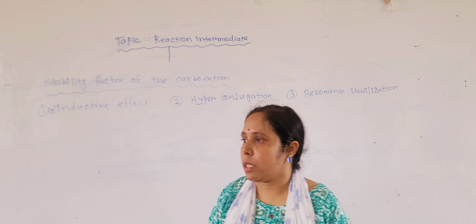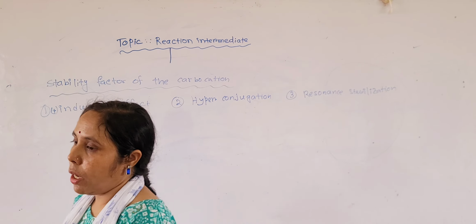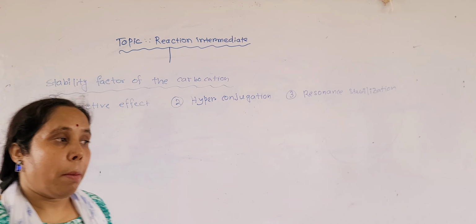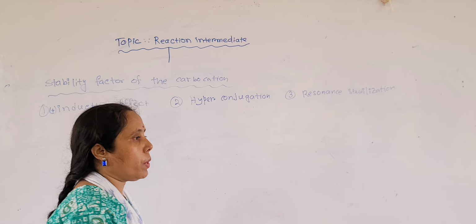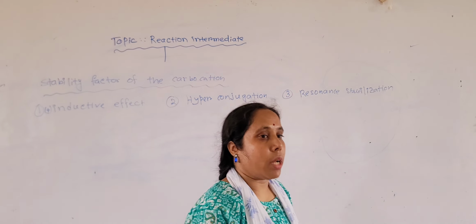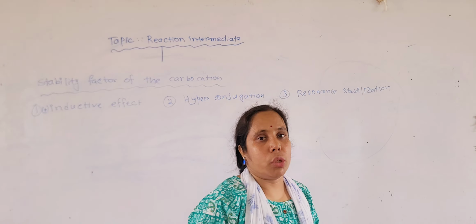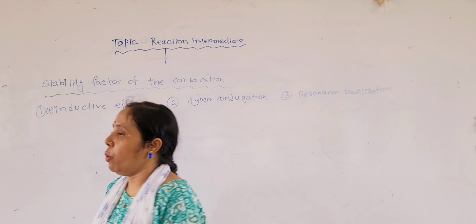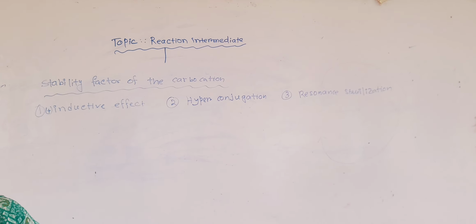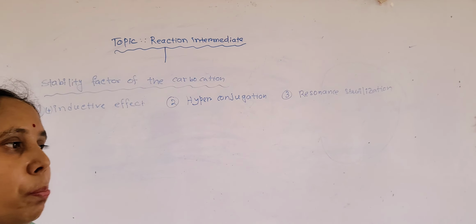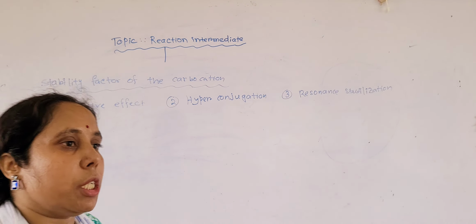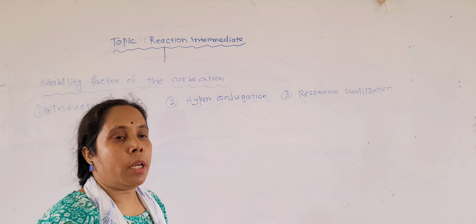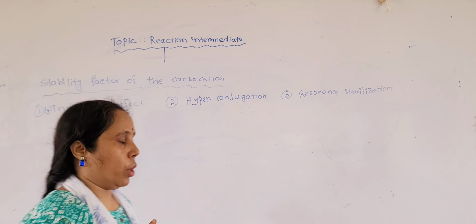Suppose a person who does not have money, and you help him with money, he will be very happy. But if a poor person is begging and you try to take money from him, he will be very upset. So here it is the same thing: you have to find a group which has a positive inductive effect, meaning a group giving its bonding sigma electron towards the positively charged carbon atom, that is, the carbocation.